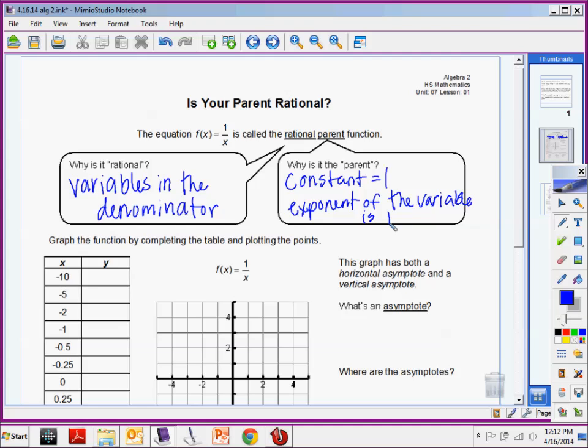So with my parent, I'm starting at the neutral part, right? At 0, 0. Say like the exponent was 2, it'll be quadratic. It wouldn't be a quadratic because it's in the denominator. It would remain a rational because I'm in the denominator. When your variables are in the denominator.